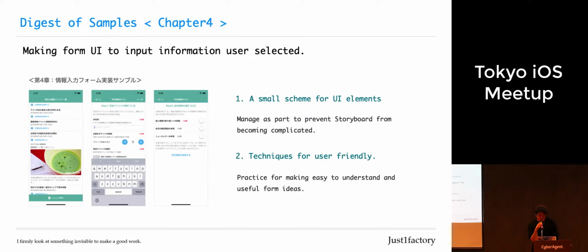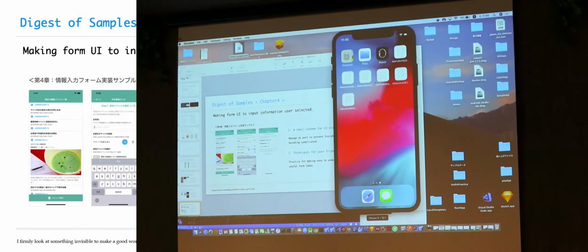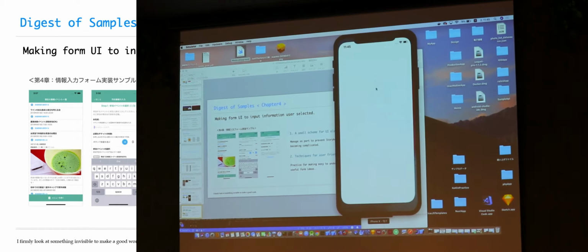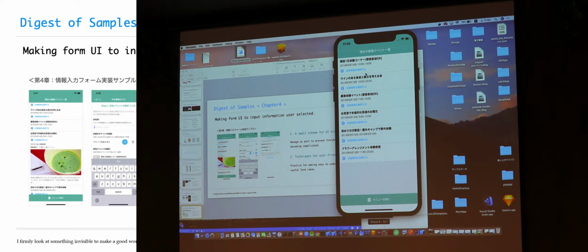Last, digest of samples, chapter 4, making a UI to input information the user selected. The sample screen is here.